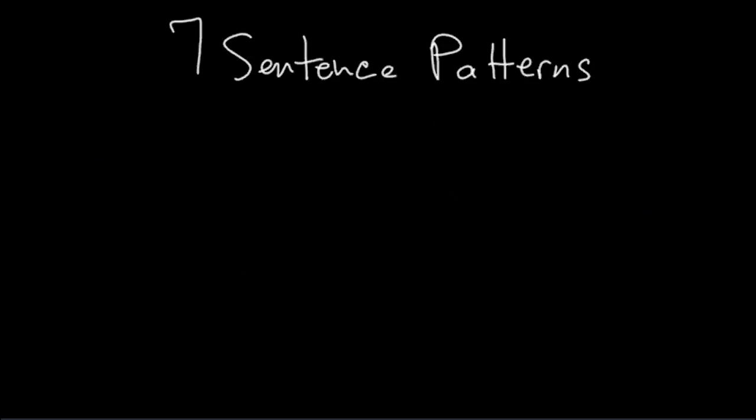The 7 sentence patterns are SVI, which stands for subject and intransitive verb; SVTDO, which stands for subject, transitive verb, followed by a direct object.